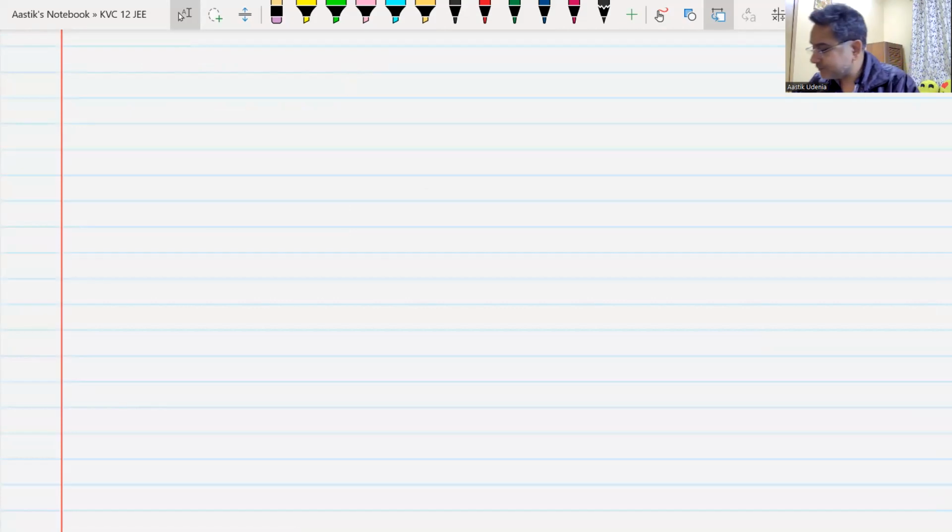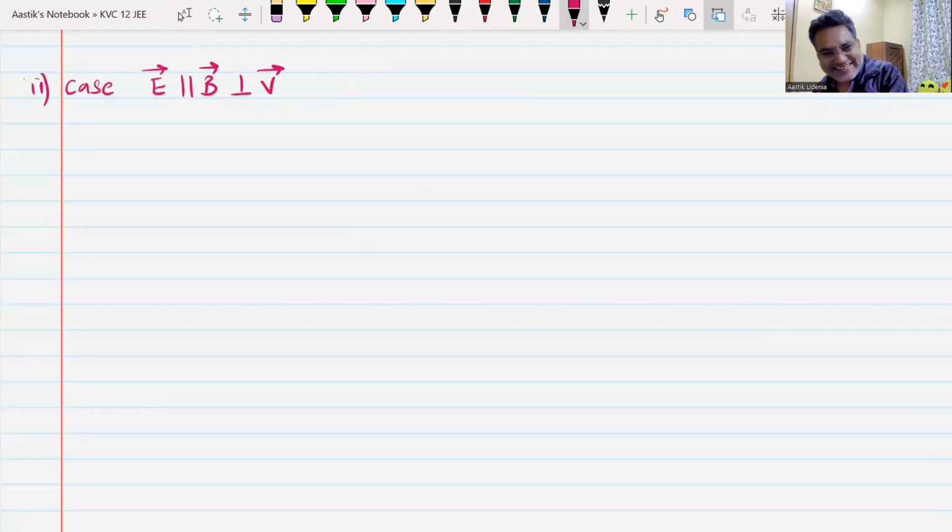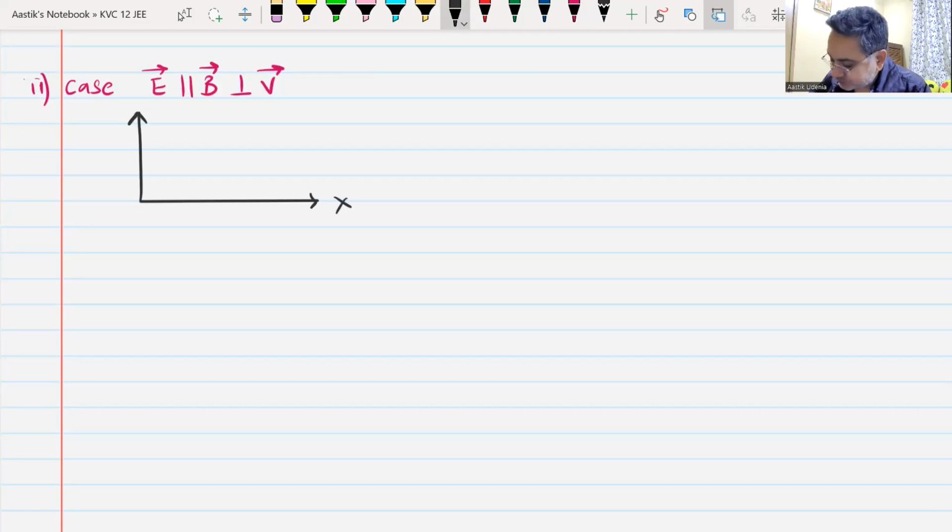Case number 2. Do it fast. Second case: E is parallel to B, which is perpendicular to V. You have your x-axis and you have your y-axis.